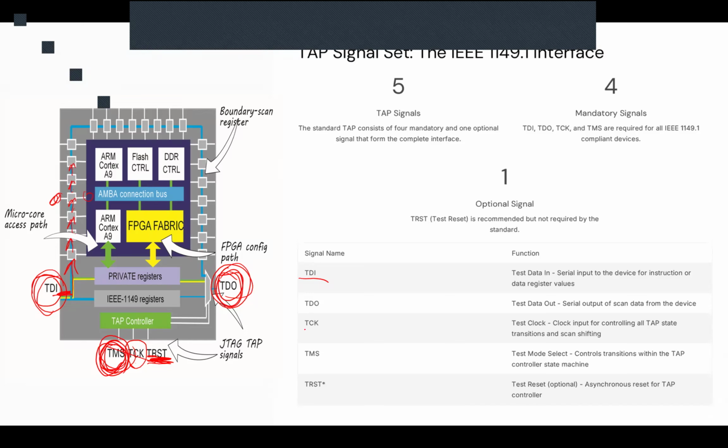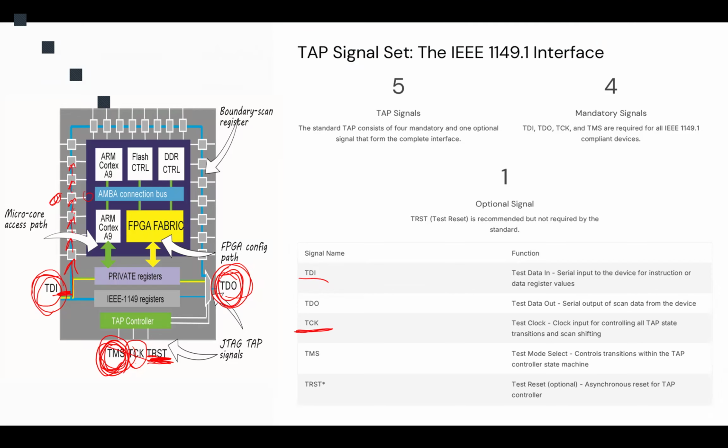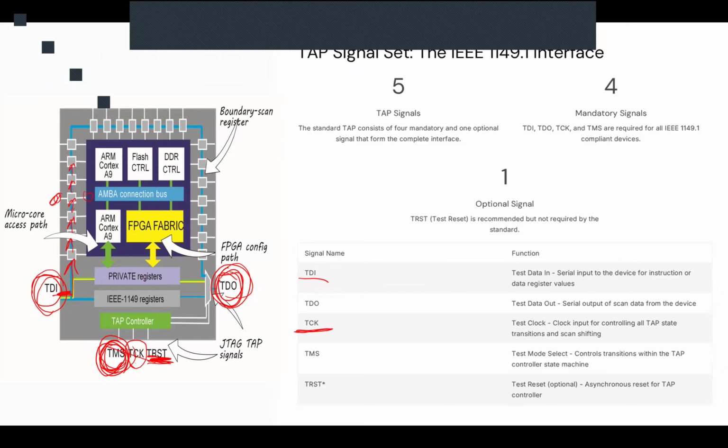By this clock, TCK. On each rising edge of the clock, these signals shift one cell at a time. And on each falling edge of the clock pulse, the TDO here captures the value of these scan cells and gives us the output.